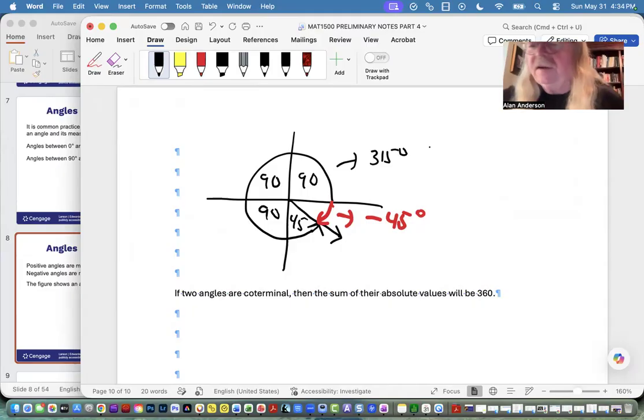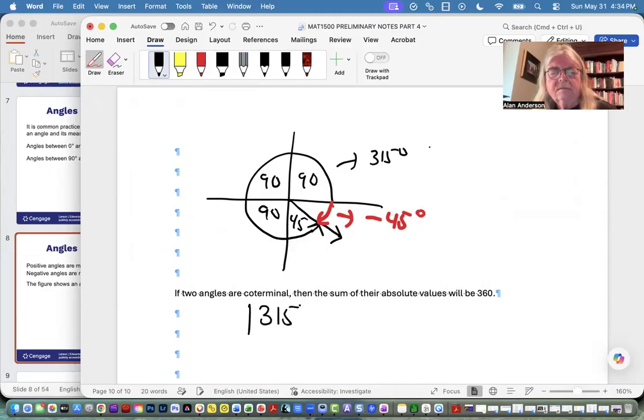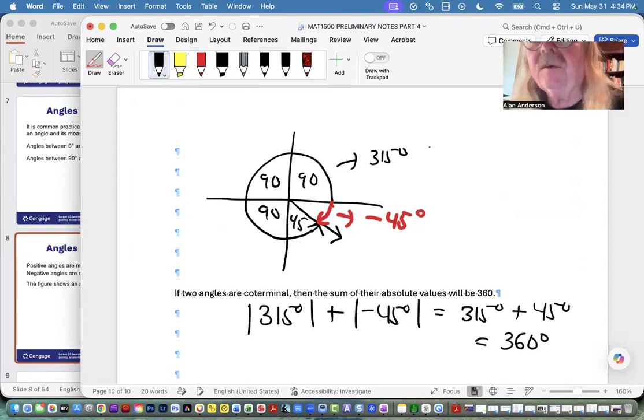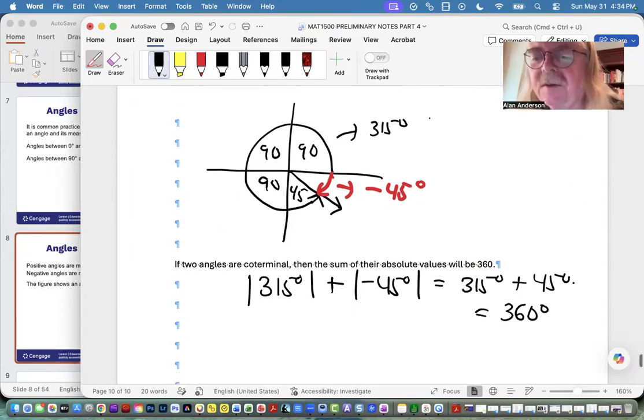And that's the case here. And that's how you know without looking at the graph that they must be coterminal.